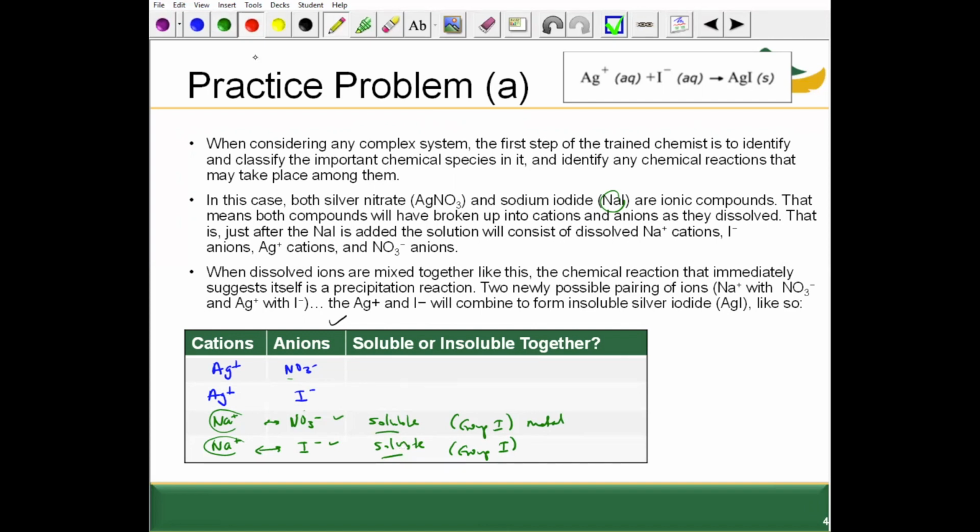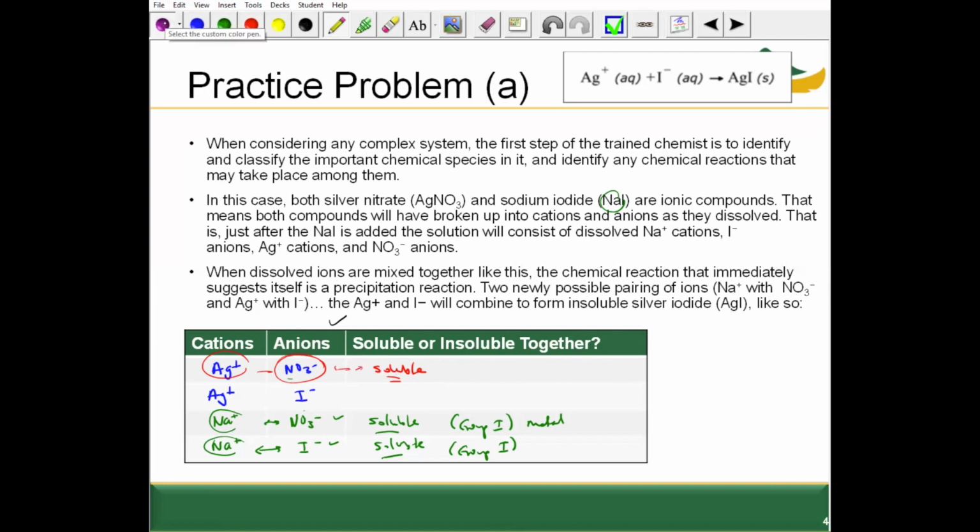If you look at your solubility rules for nitrate, you'll also notice that a nitrate anion with silver is soluble. If you have any questions about how to read those solubility rules from the table, please let me know and we can talk through how we figure out this combination is soluble.